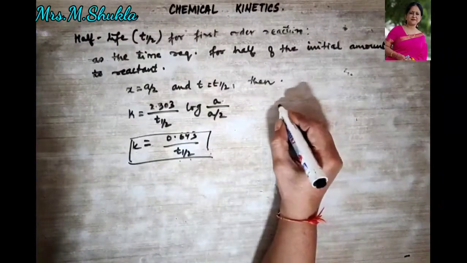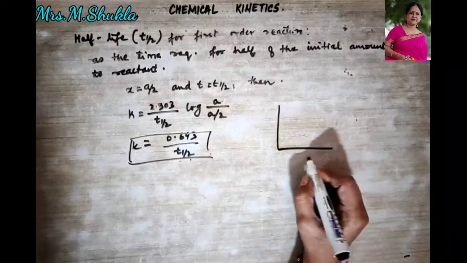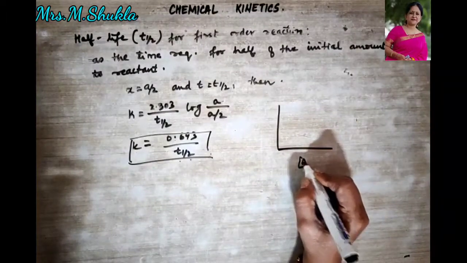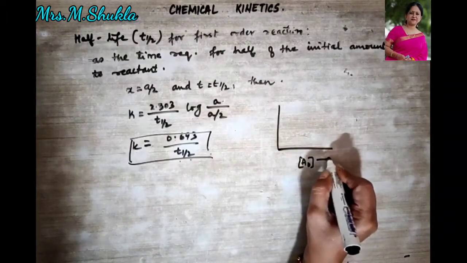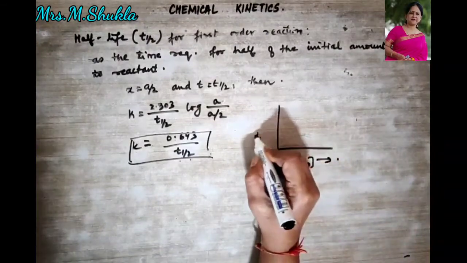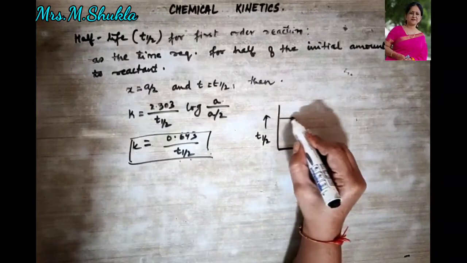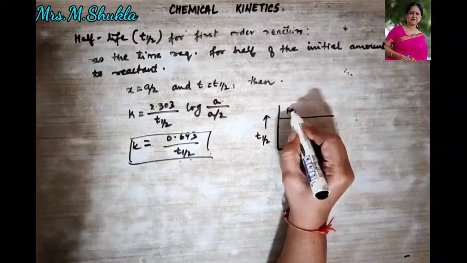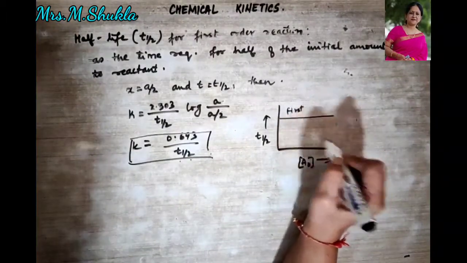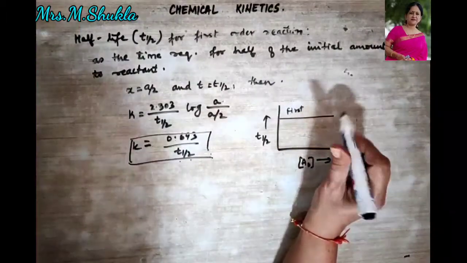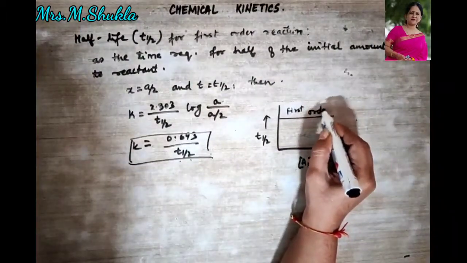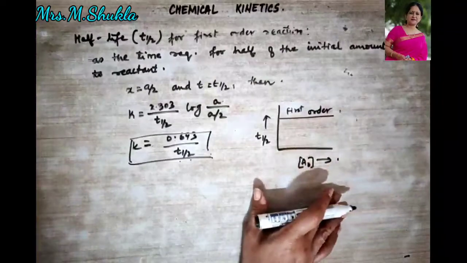Now if we look at the graph, this is your initial concentration and this is your half-life that we show. Then the first order reaction will be a straight line parallel to the initial concentration axis.